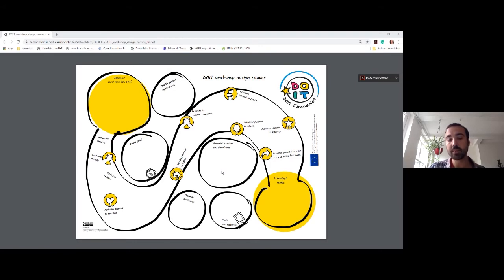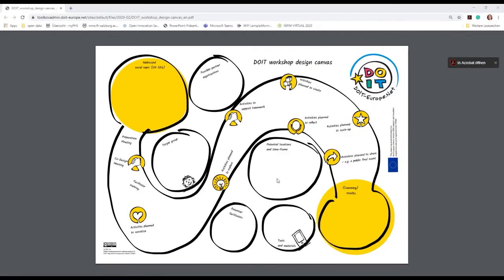And 4 years ago, we started to collaborate with the Public Library of Amsterdam to start makerspaces in the library neighborhoods of Amsterdam. This year we're opening the last 2, and then in total we have 10 makerspaces throughout Amsterdam.